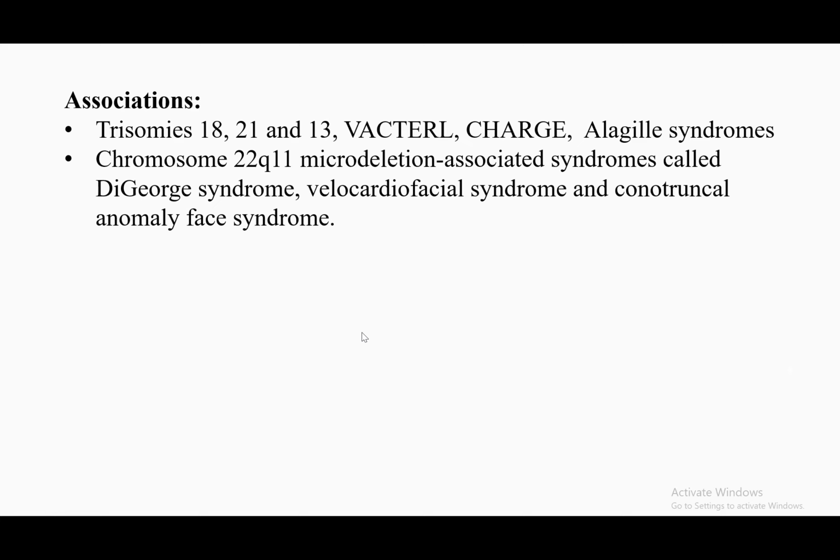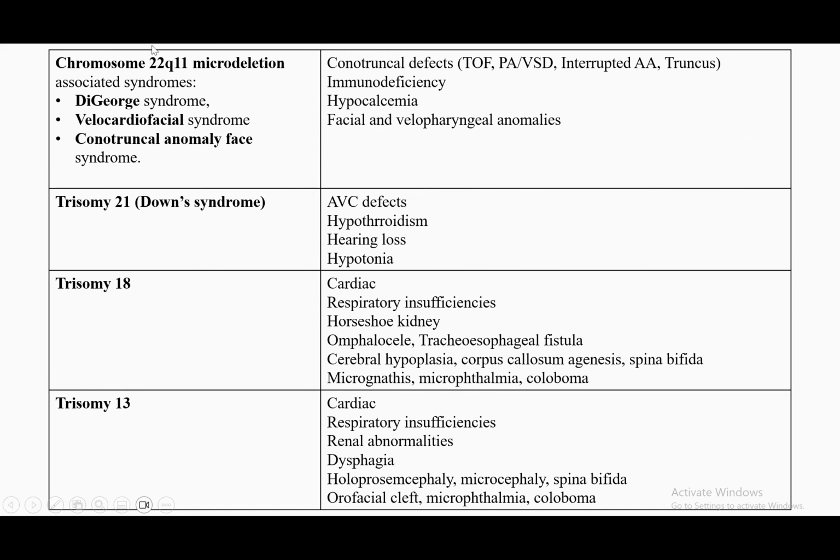Sometimes there are syndromes associated with Fallot, like trisomies 18, 21, 13, VACTERL, and Alagille syndromes. Chromosome 22q11 microdeletion associated syndromes like DiGeorge syndrome, velocardiofacial syndrome, and conotruncal anomaly face syndrome.